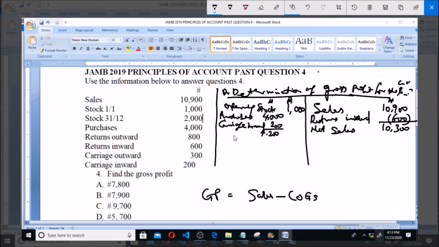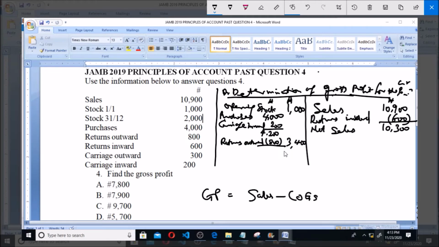Having gotten 4,200, we now less returns outward from this. Our returns outward is 800. Like I said, when you bracket in accounts, it means you are subtracting. So when we less returns outward from this, we're going to have 3,400.